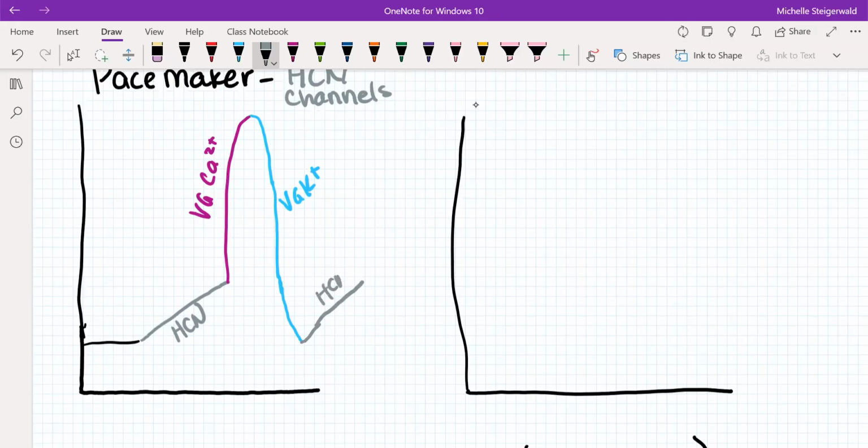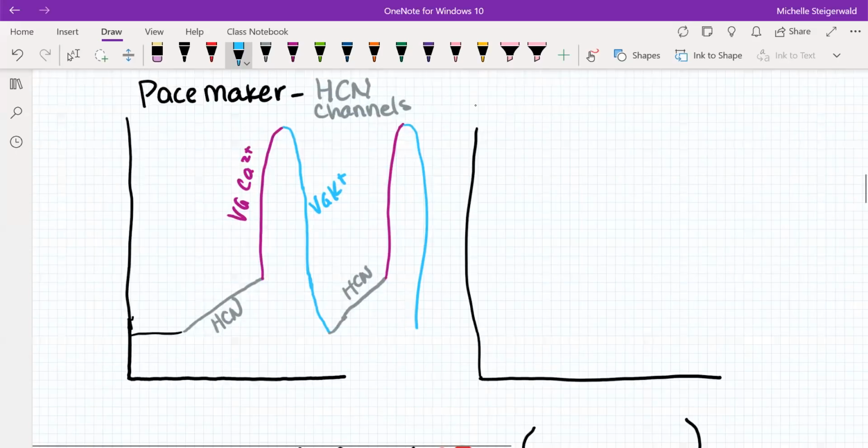So now we have another potential because this will reach threshold. It's going to kick open those voltage gated calcium channels, and then the potassium will hyperpolarize it again, and you just keep going. So this is why your heart can beat every minute of every day for your entire life, because it just keeps repolarizing, hyperpolarizing, and setting off another potential.